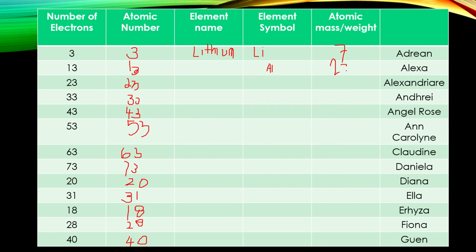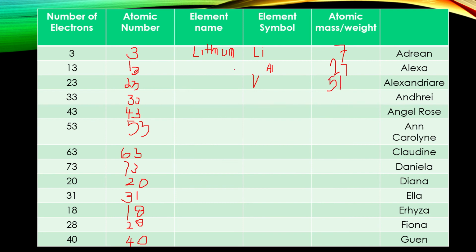It will be 27. Next will be 23. Element number 23 is vanadium. So vanadium with the element symbol of V has atomic mass of 50.94. So we're going to round off and make it 51.